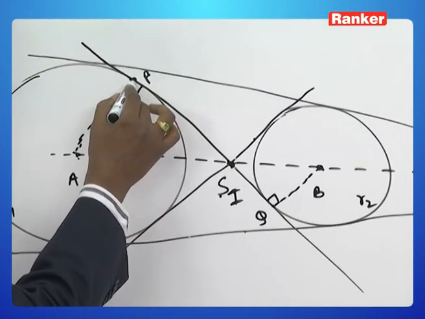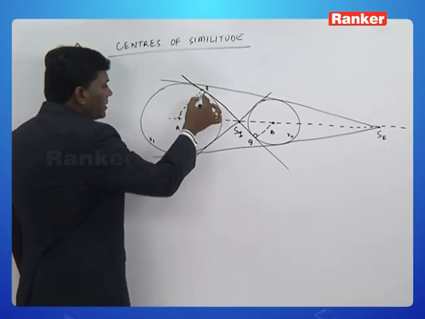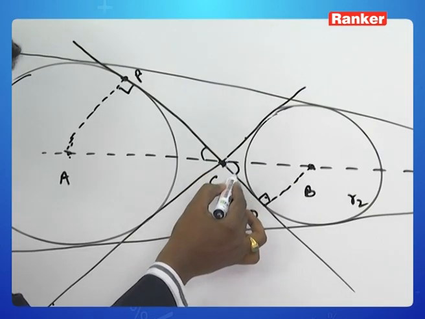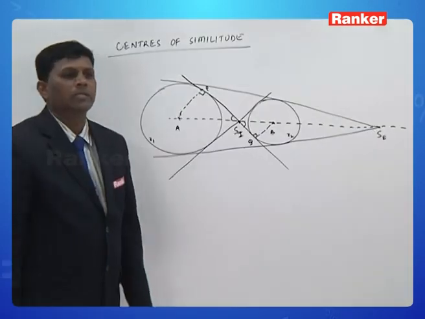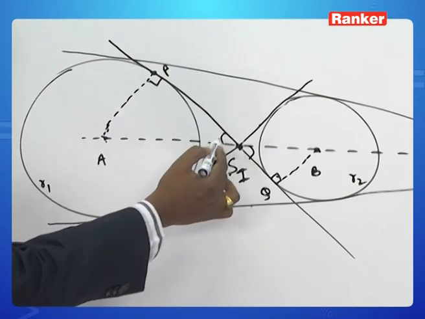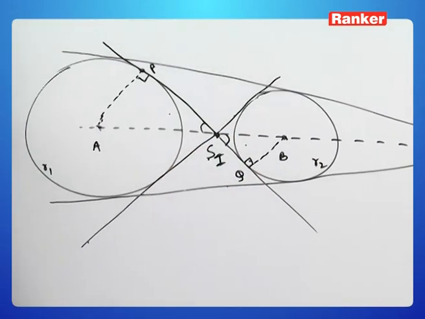A tangent drawn is perpendicular to the radius at the point of contact. That's why this is perpendicular and this is perpendicular, and we know that vertically opposite angles are always equal. So, from AA corollary, these two triangles are similar triangles.